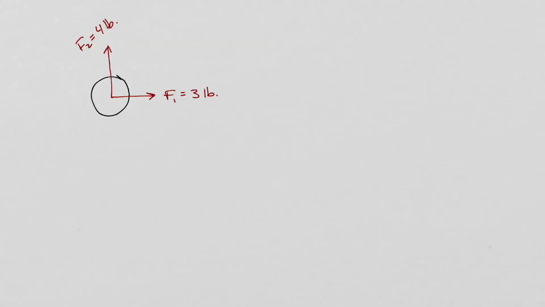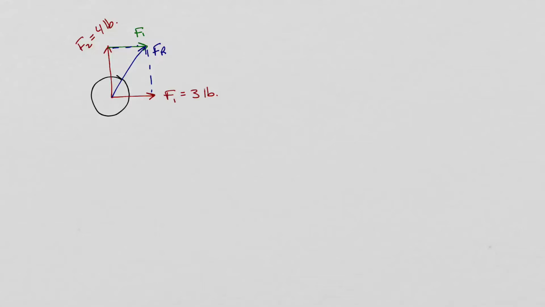So we're interested in adding those two together. That's F1 drawn again, and then we're interested in what that FR would be. We could also do the parallelogram method to see that. We could do it a number of ways. Let's do it with resultant forces just to get practice of that.